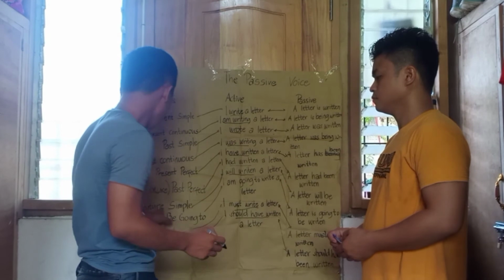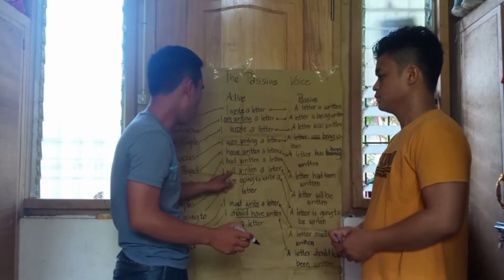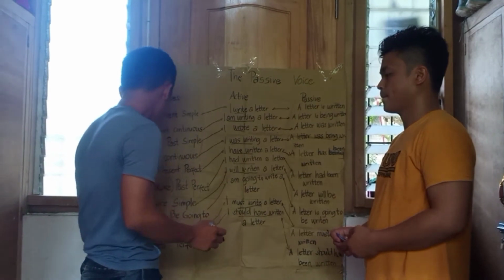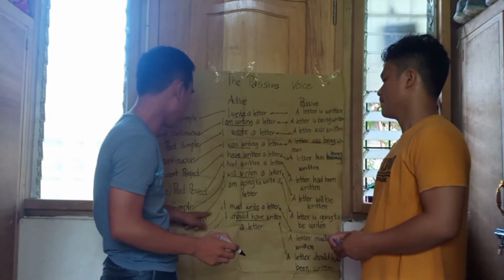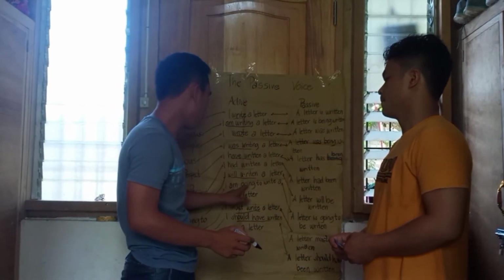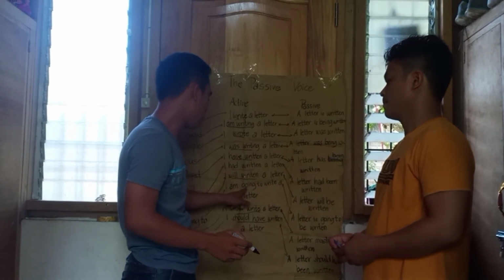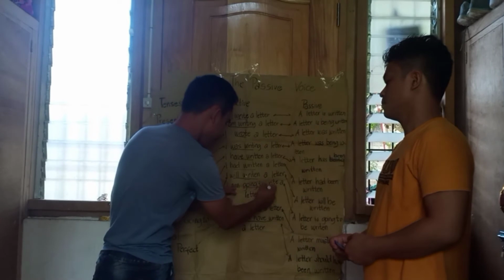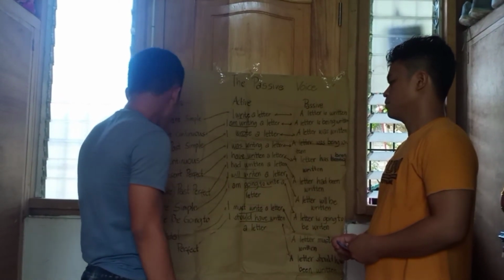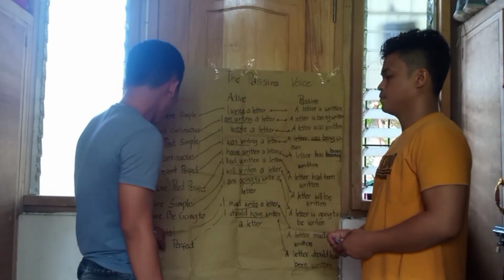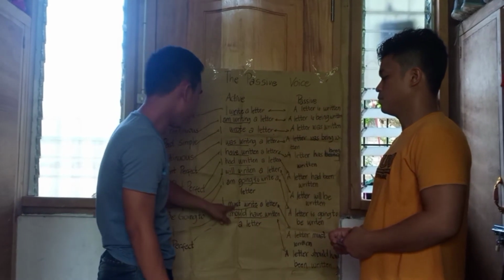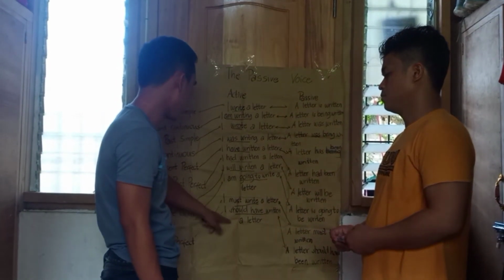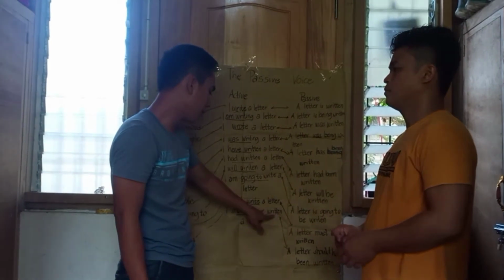Future simple is "will write." The future with going to is "am going to write." The modal is "must write," and the modal perfect is "should have written."